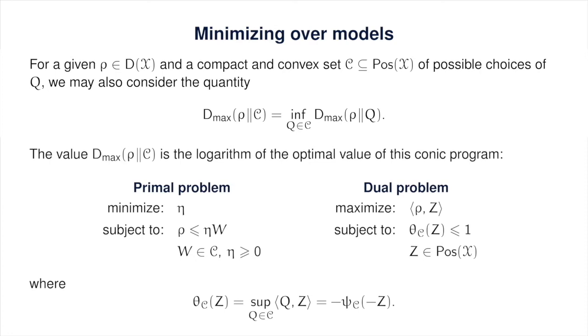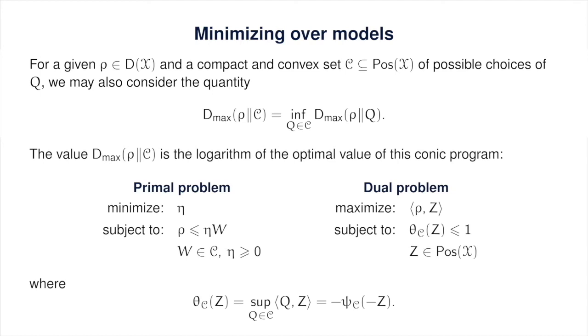To compute and simplify the dual to what we have here, one may go through a similar process to the one that we just went through when minimizing over actual states. I have done that offline, and if you feel that you could use some practice in computing and simplifying conic program dual problems, then I encourage you to do this with this one yourselves and check that your answer agrees with what's written here.